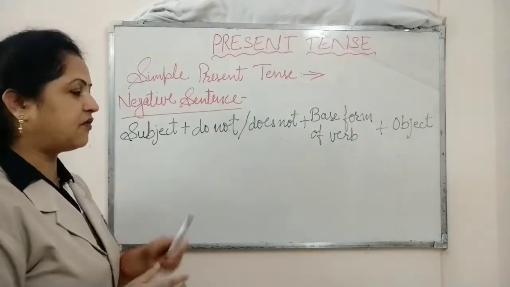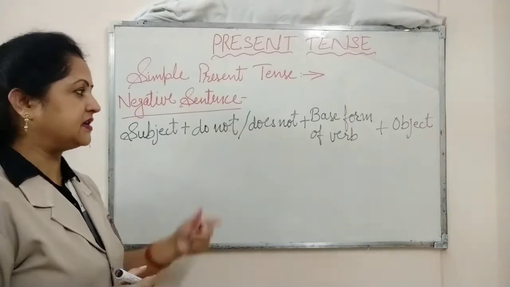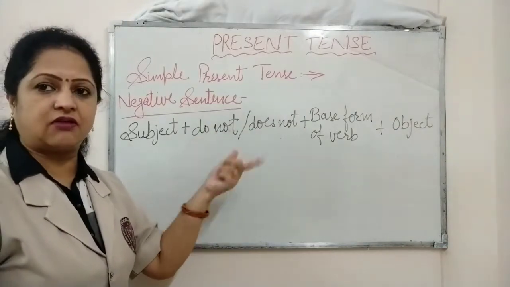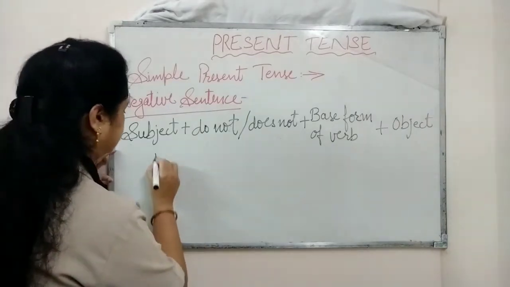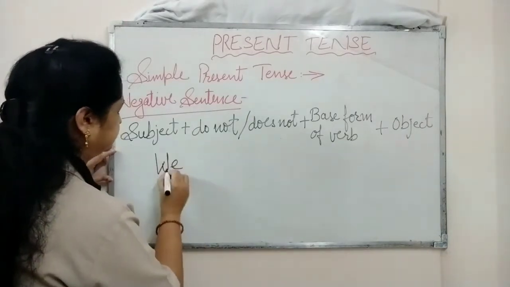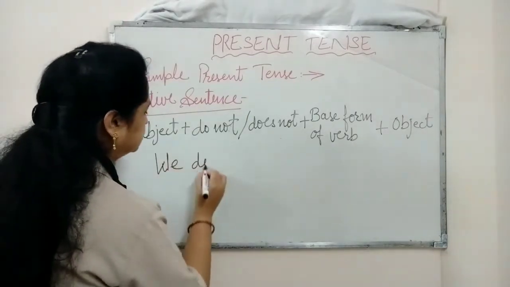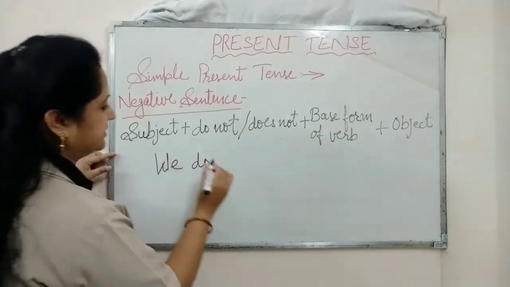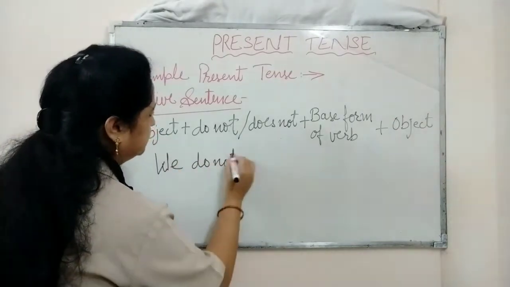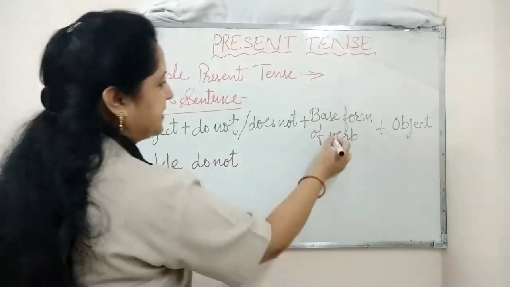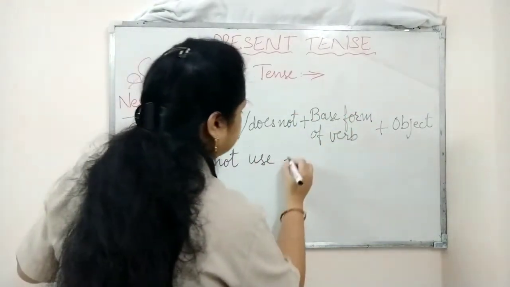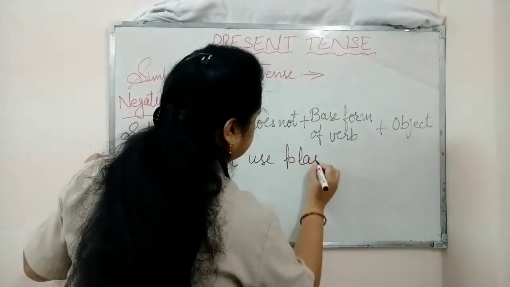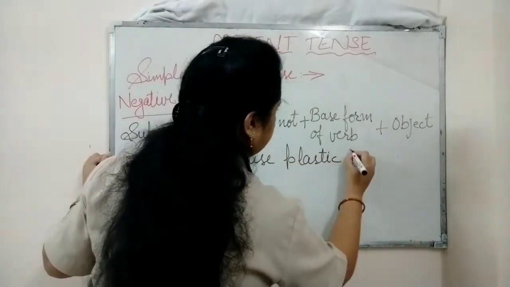So let's make one sentence to understand it well. First of all we make the sentence by using the plural number or I or you. Let's make the sentence: we do not, we is the subject, do not, after that base form use, then object, plastic bags.